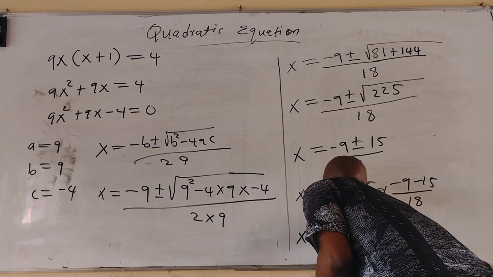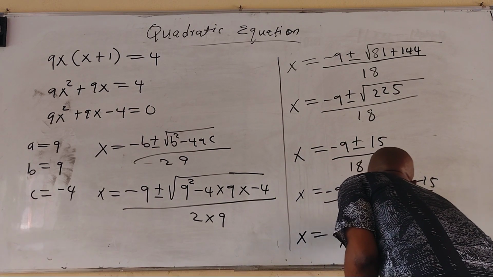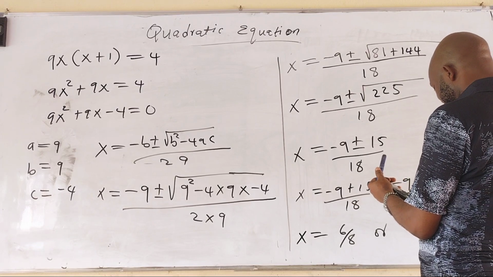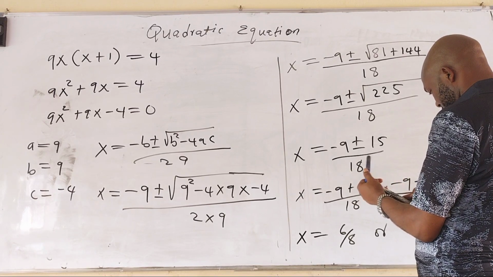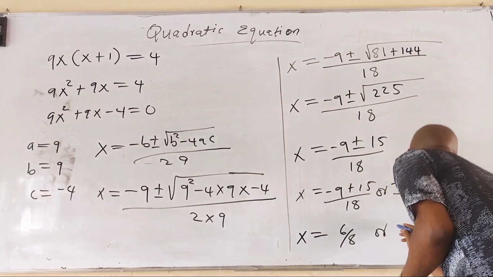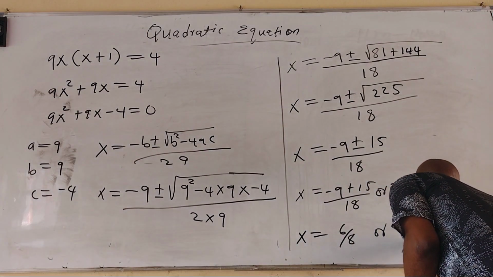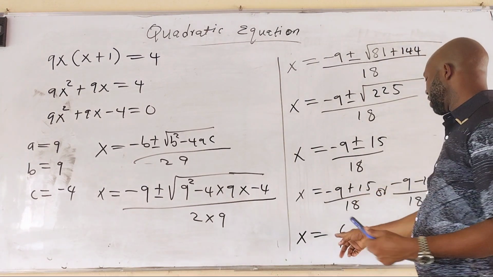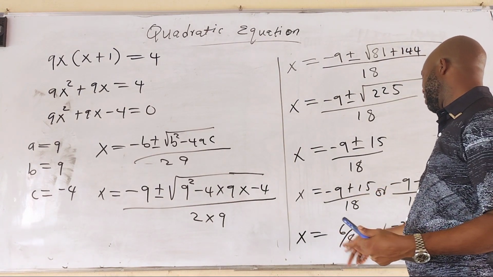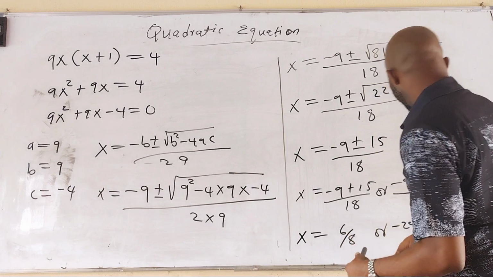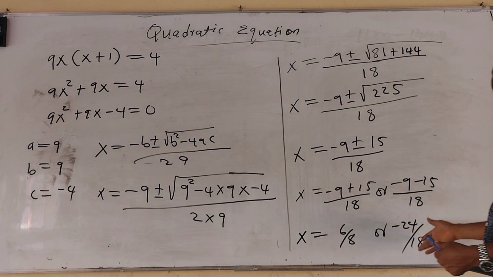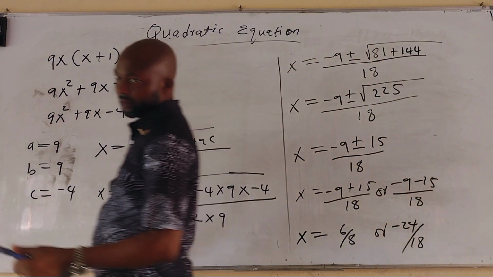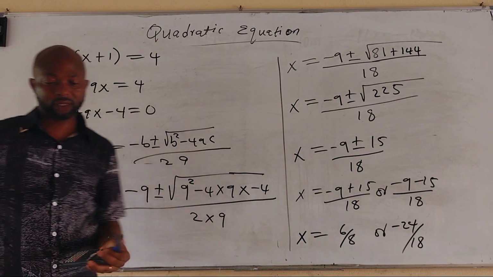So my X is equal to 6 over 18, or minus 9 minus 15, which is minus 24 over 18. So this can be reduced, 2 go here, is 3 over 4, and this also can be reduced. But that's just like that. You can break it down to the last, that will be fine.